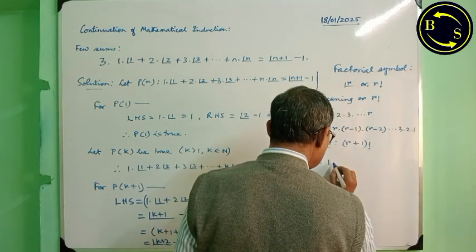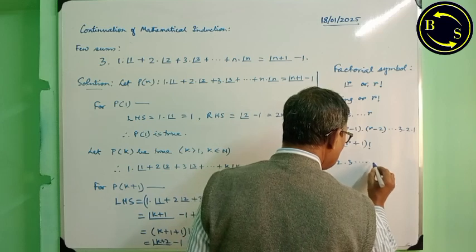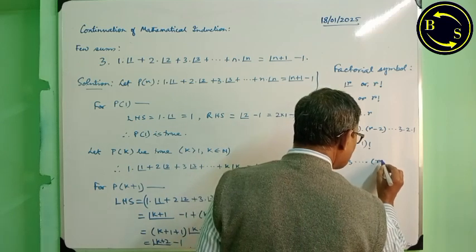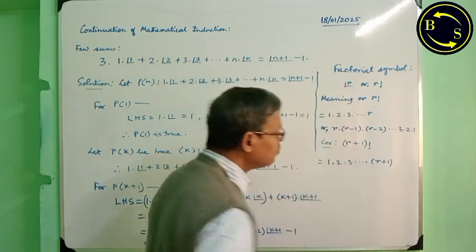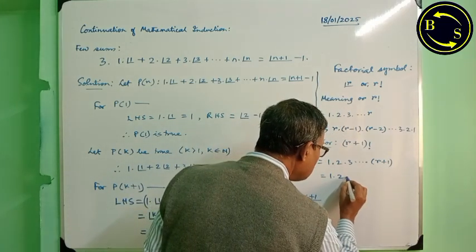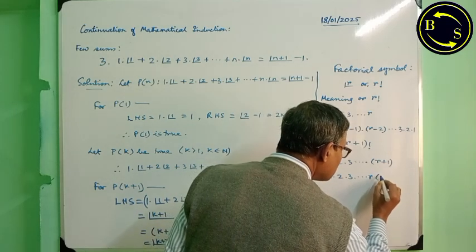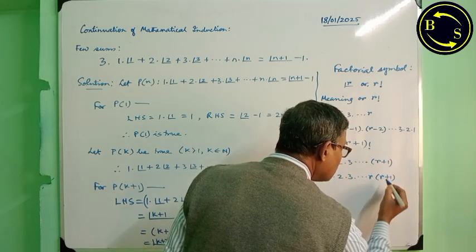It will be 1 into 2 into 3 into r plus 1. Now this is 1 into 2 into 3 dot dot dot into r, next r plus 1.